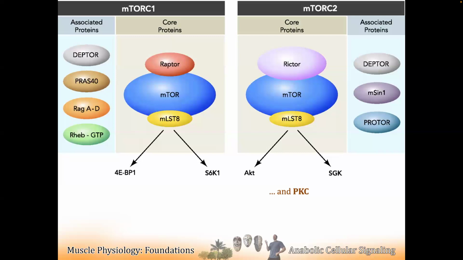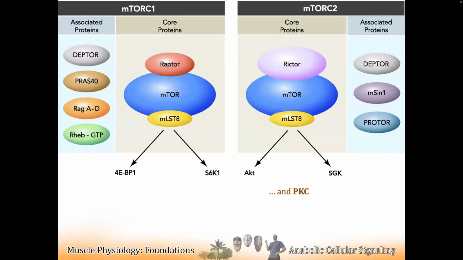So the other downstream targets of complex 2 are SGK, serum and glucocorticoid-induced protein kinase, and PKC, protein kinase C. PKC does a lot. It promotes the contraction of smooth muscle all over the place. Some other digestive and kidney effects, tons of functions. We'll cover none of them.